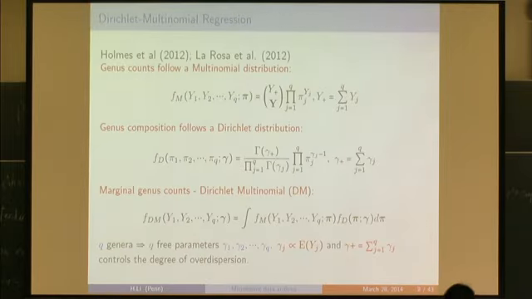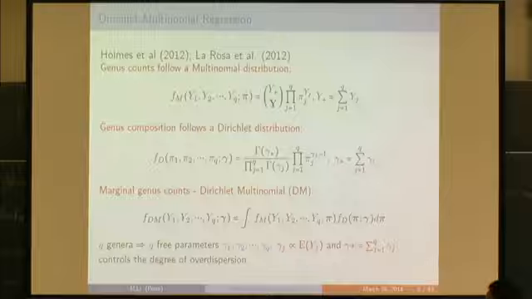So the Dirichlet multinomial model has been studied in the context of microbiome data analysis. Chris Queens had an original paper talking about using the mixture of the Dirichlet multinomial to model the distribution of the count in the context of microbiome data analysis.